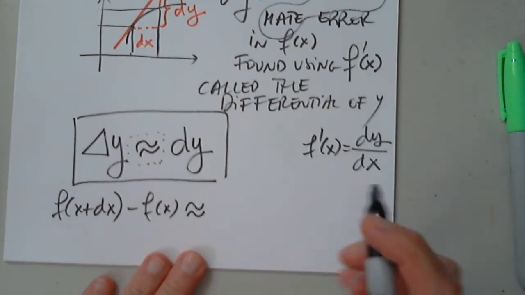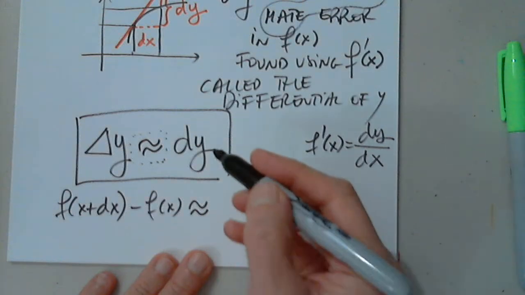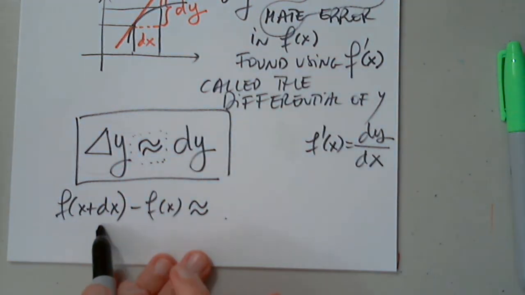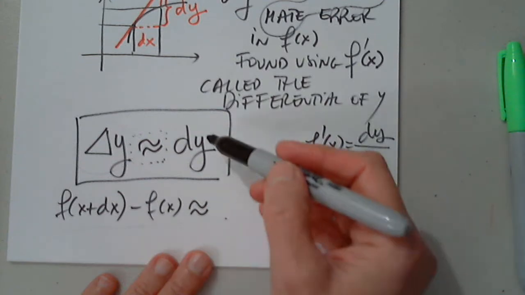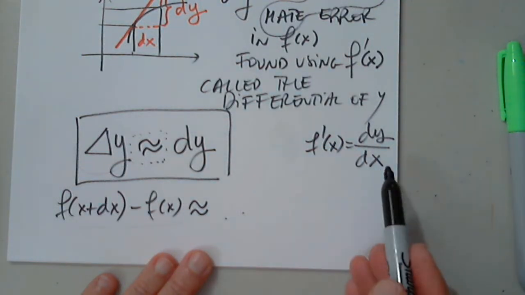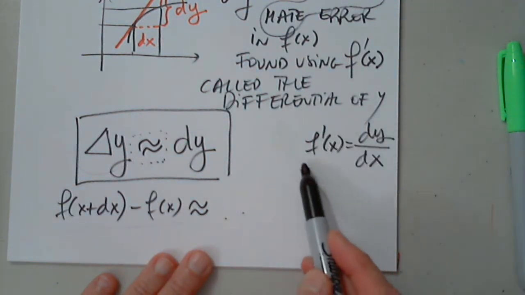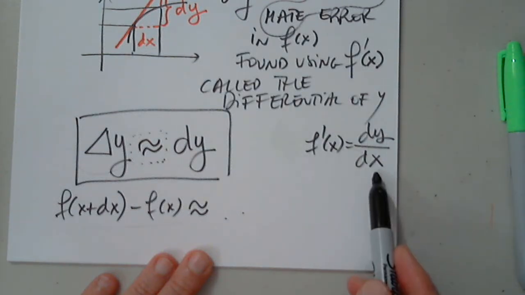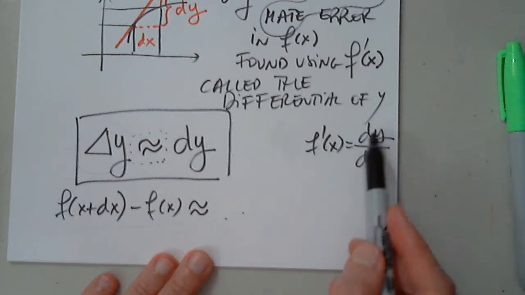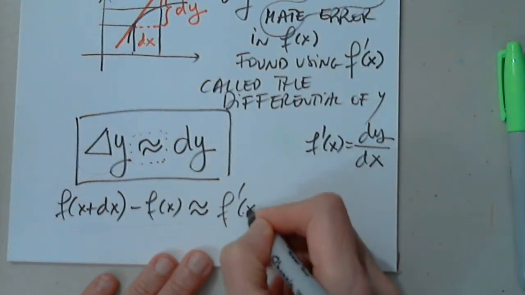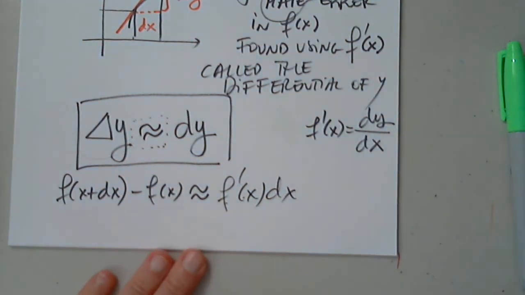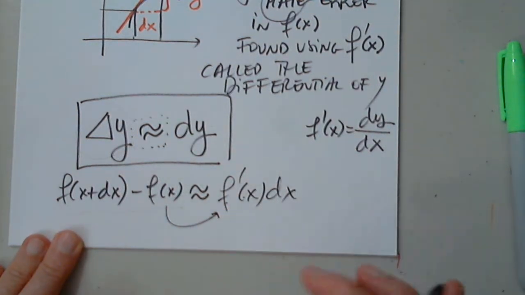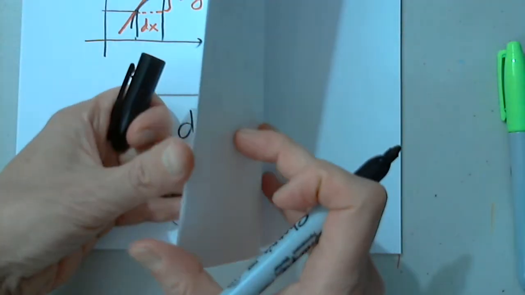Whatever you tell me, I'll write it here, because dy is on this side. On this side, I have f of x plus dx minus f of x. On this side, I have to have dy. f prime of x times dx. Very good. That's it. And now I'm going to move this here. From one side to the other, I change its sign.